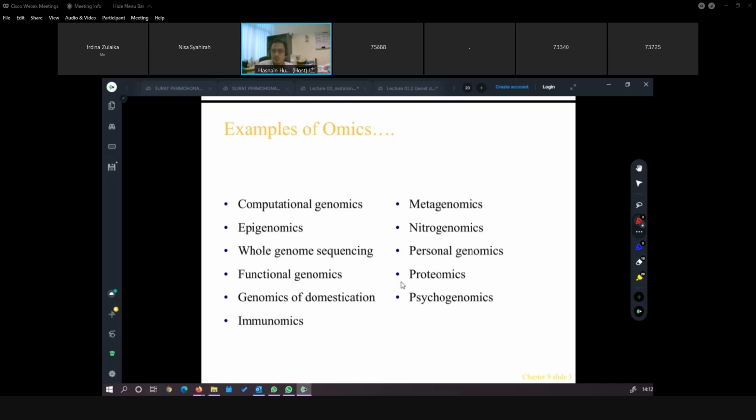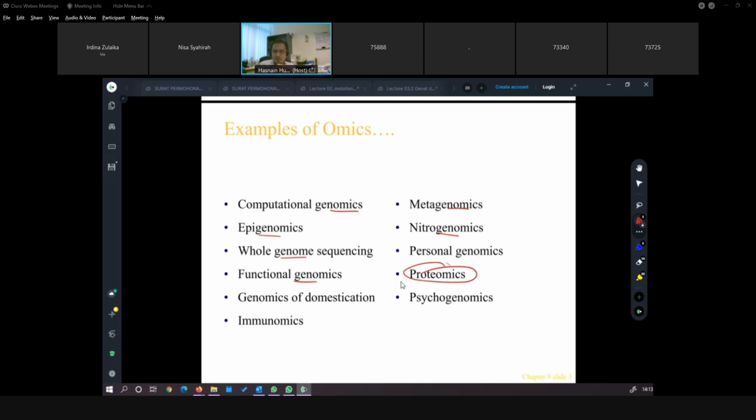So actually, proteomics is not in genomics, it is its own study compared to the others. Like all of them have genomics as a suffix at the back, but proteomics is a totally different study.